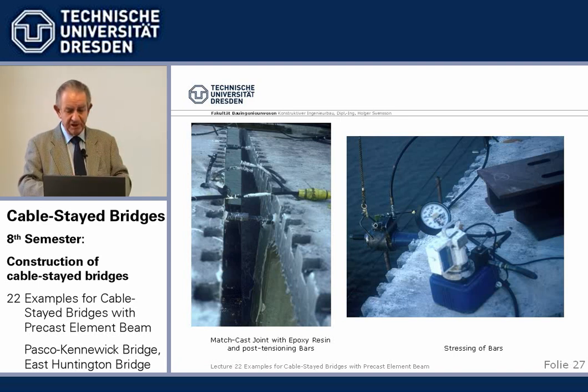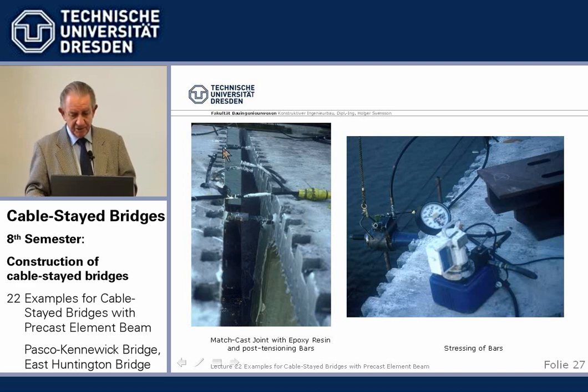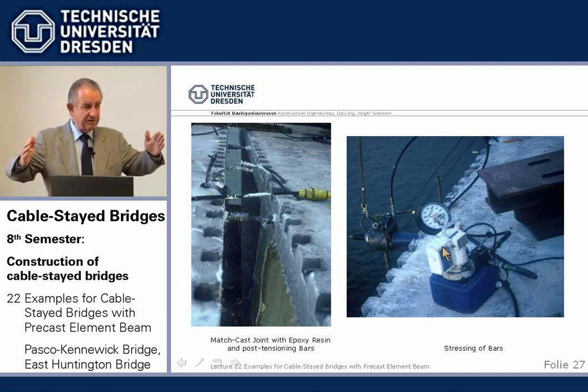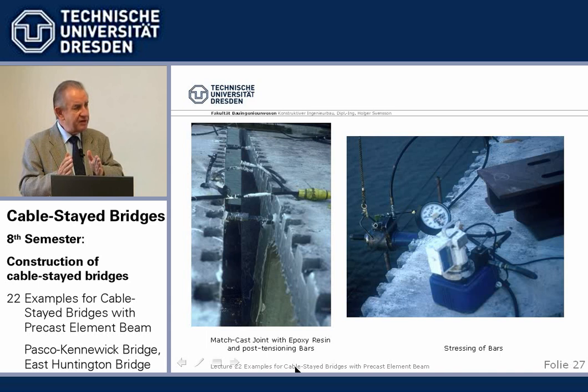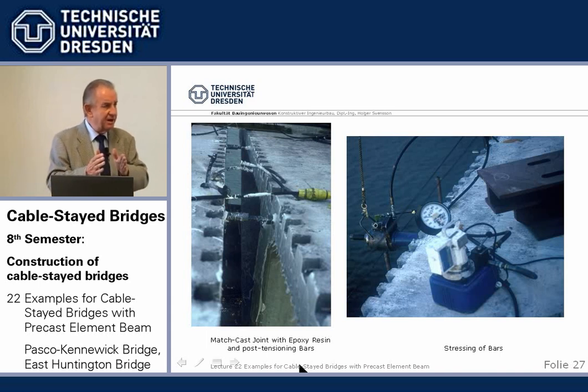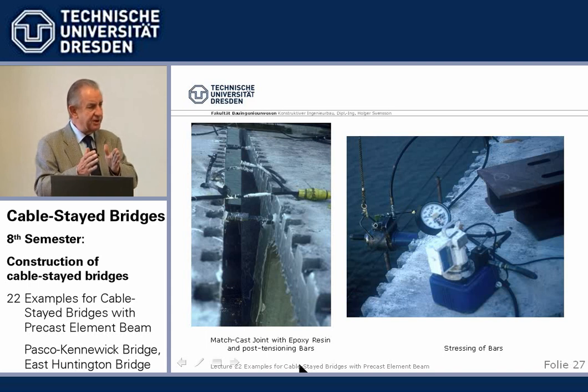And then we have some post-tensioning bars going through empty ducts, and at the tip we stress these bars, and by stressing them in a prescribed manner we pull together the two precast elements, and we have a certain minimum compression, uniform over this epoxy-glued area, so that the epoxy hardens under small compression, which is the ideal one.